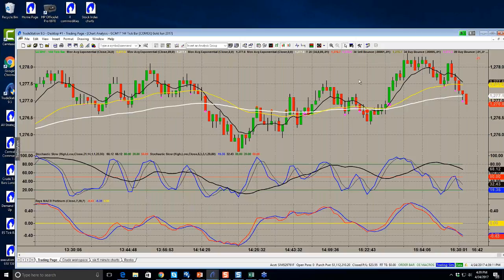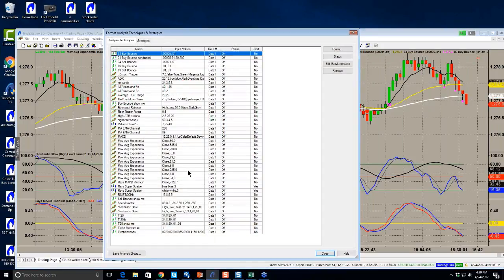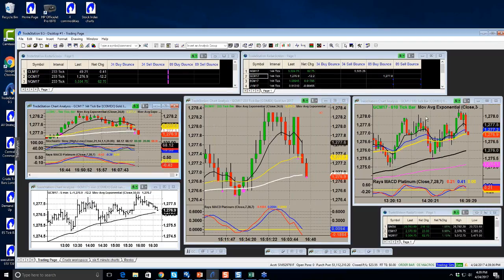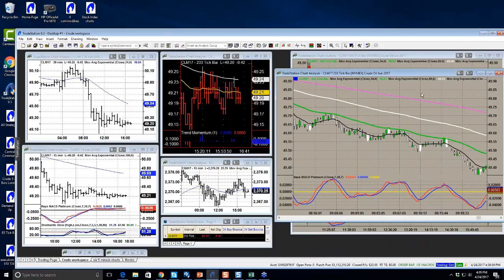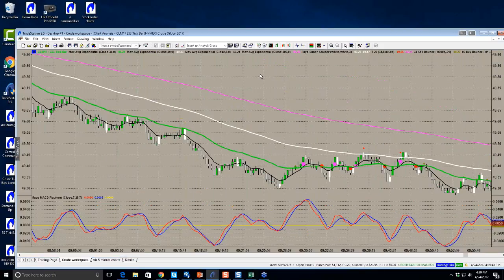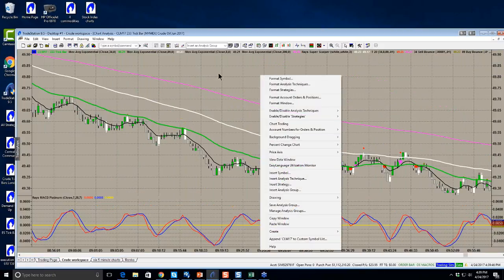So we've got a tick chart, the moving average, and the two indicators. Every once in a while we have a discussion of what's known as the 535 exponential moving average.